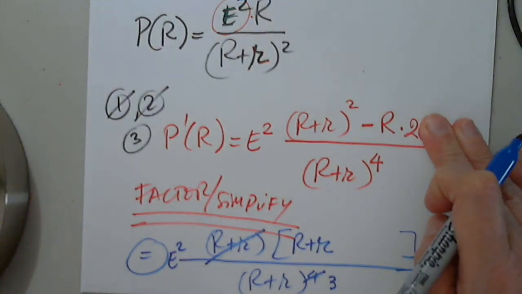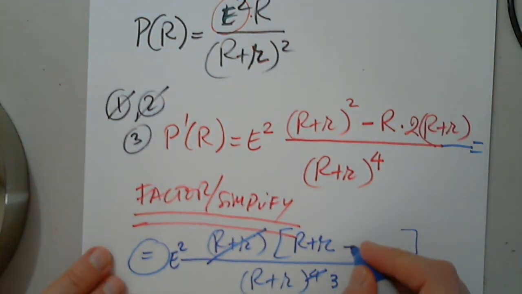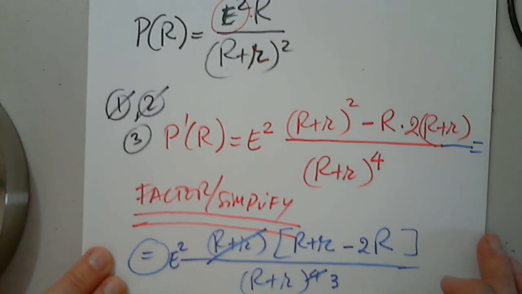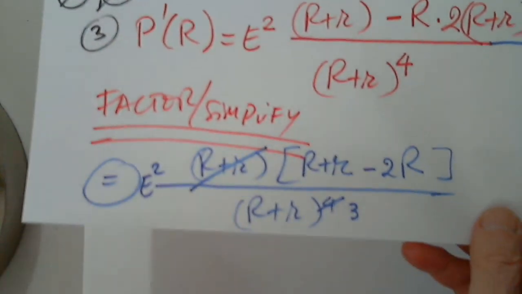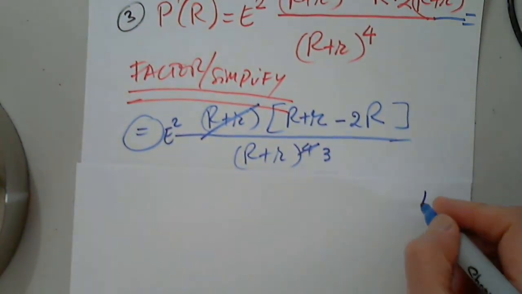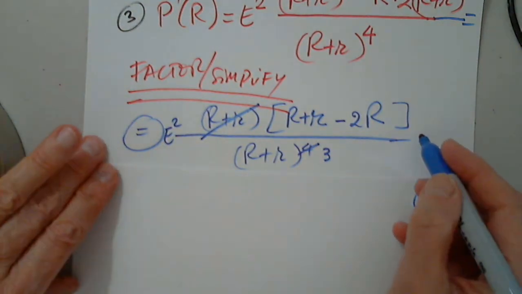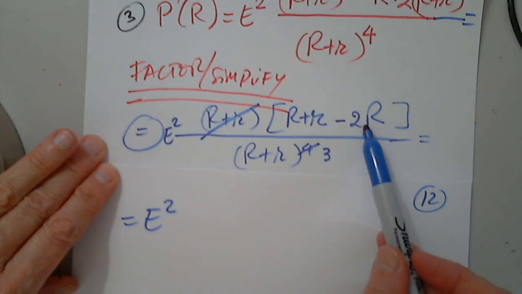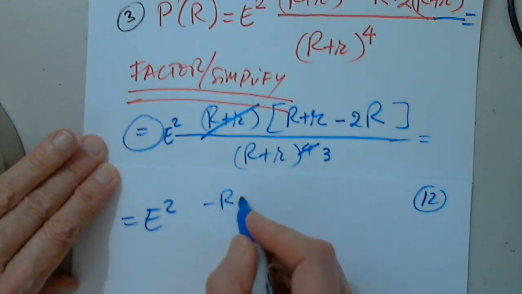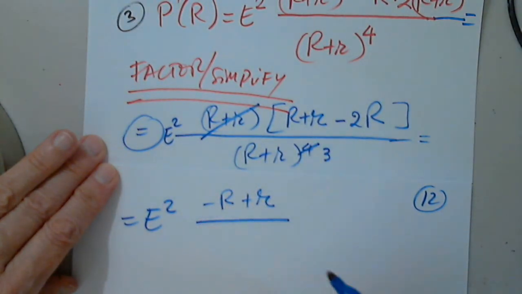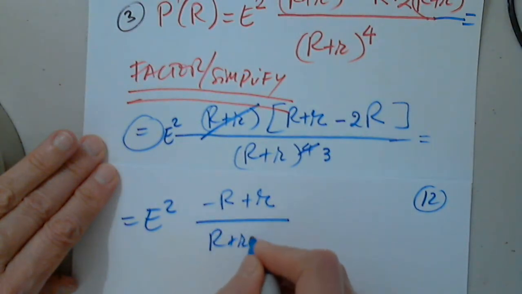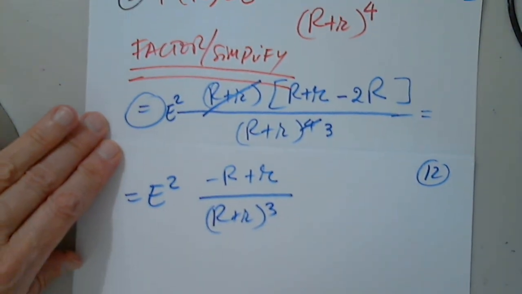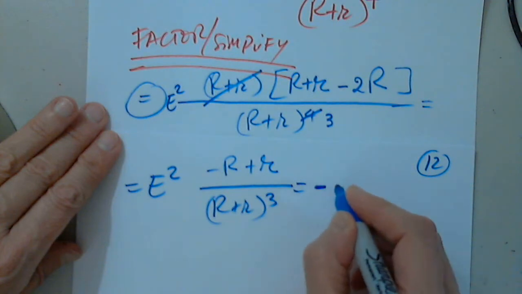I took this out, so I have negative 2R. Good. So finally, I have E squared times negative 2R plus R plus r, which is negative R plus r, divided by R plus r to the third. As you know, I am allergic to negative leading coefficients.